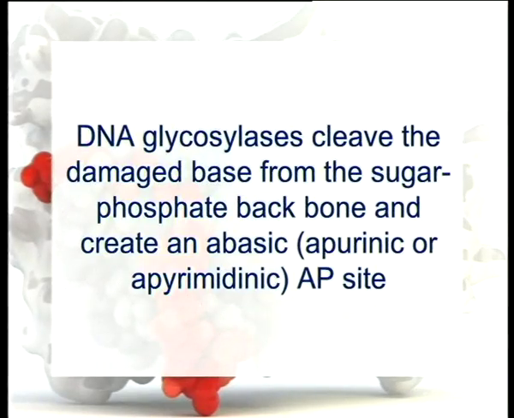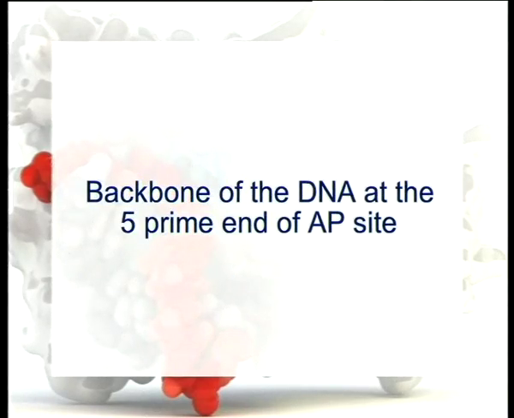DNA glycosylases cleave the damaged base from the sugar-phosphate backbone and create an abasic site, for example, a apurinic or apyrimidinic site. The resulting abasic site is then recognized by an AP endonuclease, which creates an incision on the backbone of the DNA at the 5' end of the AP site.